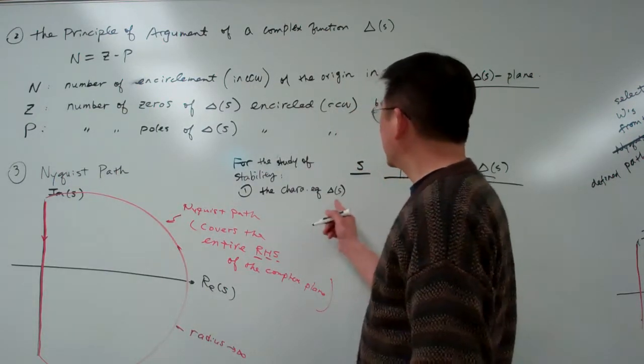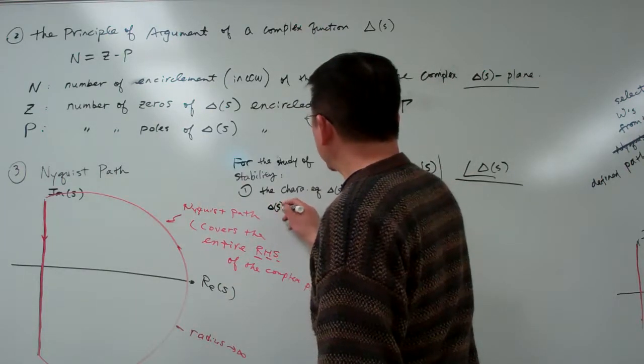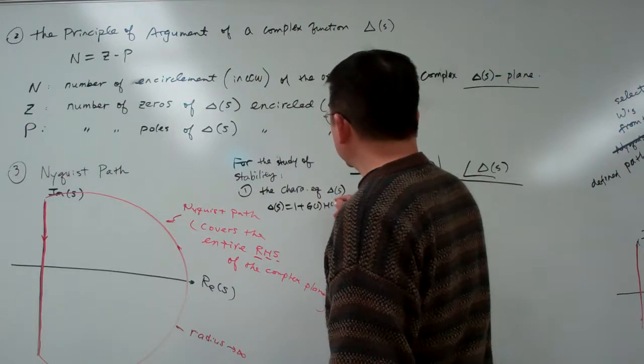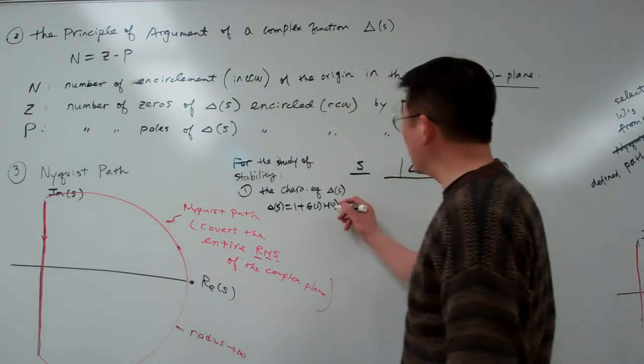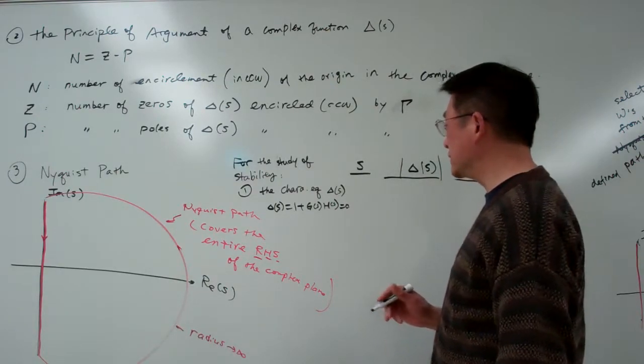And delta S could be, for example, delta S equal to 1 plus G S H S equal to 0. I pick up the form. So that is the characteristic equation.